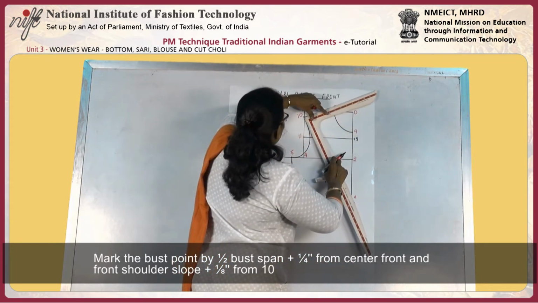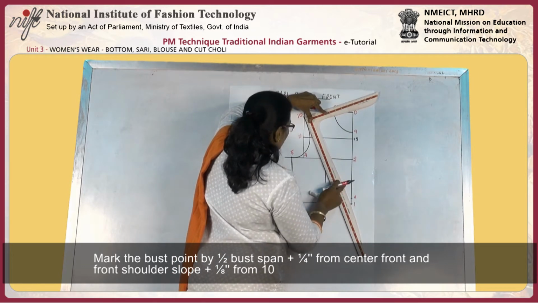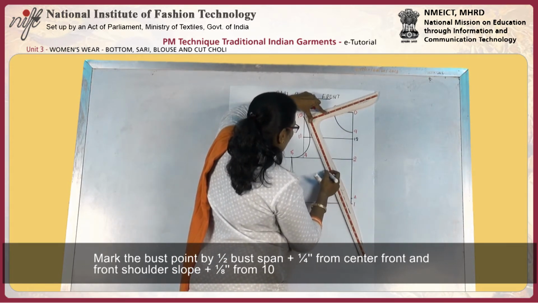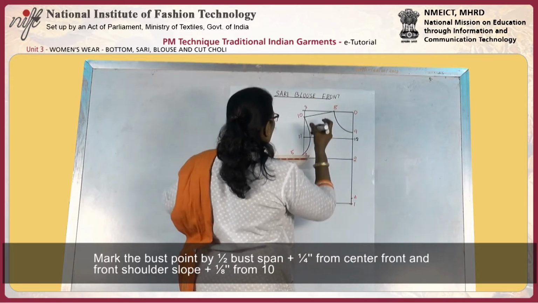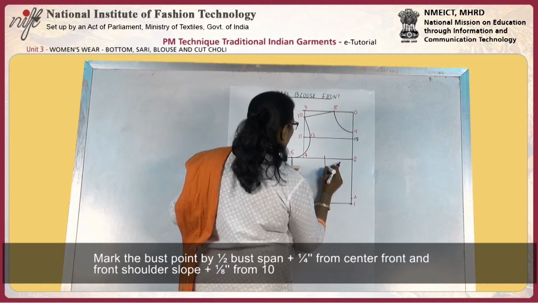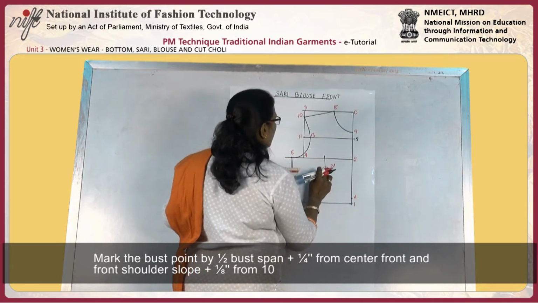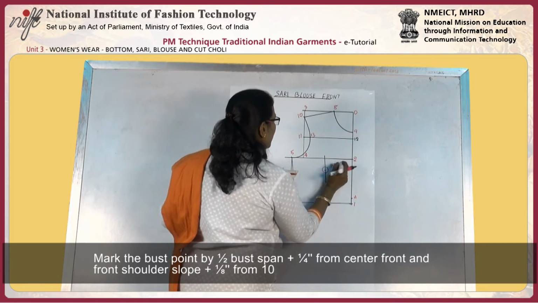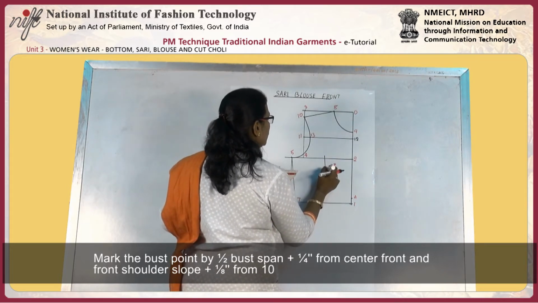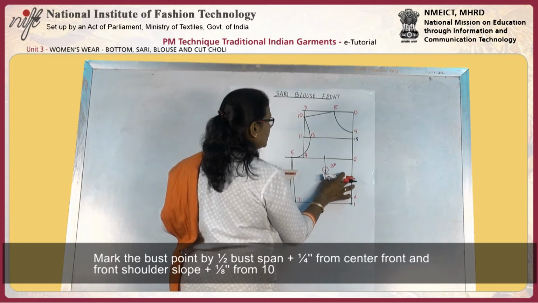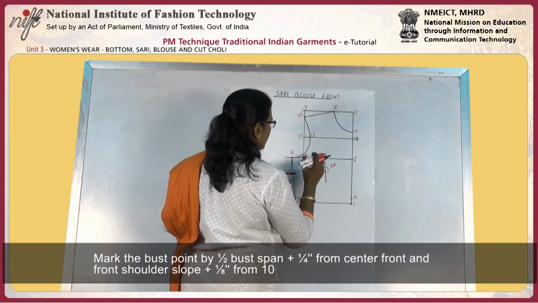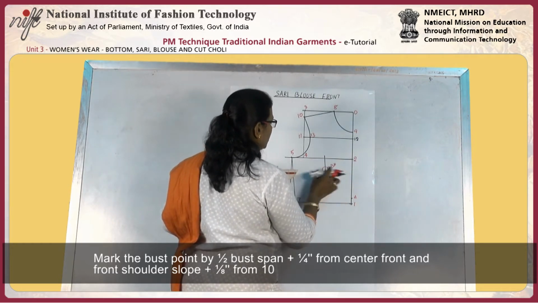Now, we should mark the bust height plus 1/8 of an inch to mark the bust point. So, 10 to bust point is bust height plus 1/8 of an inch, should intersect the parallel line which has been drawn from the center front as the bust span measurement.